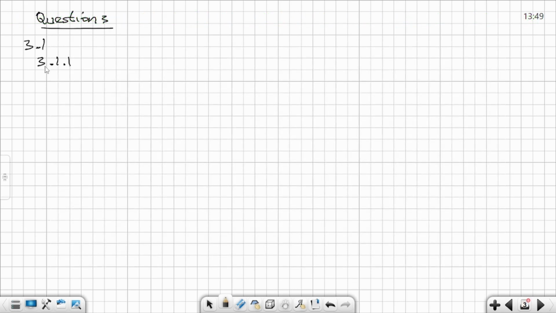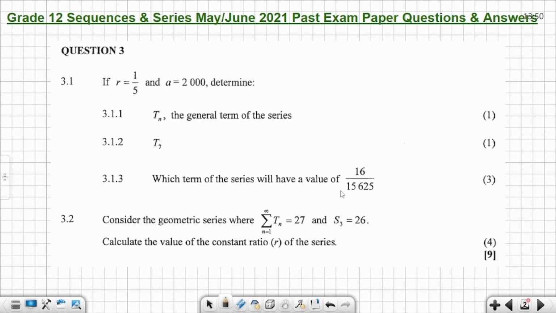So question 3.1.1, we need to determine Tn, the general term, and we are given R is equal to 1 over 5, A is equal to 2000. Can you see that from the question?